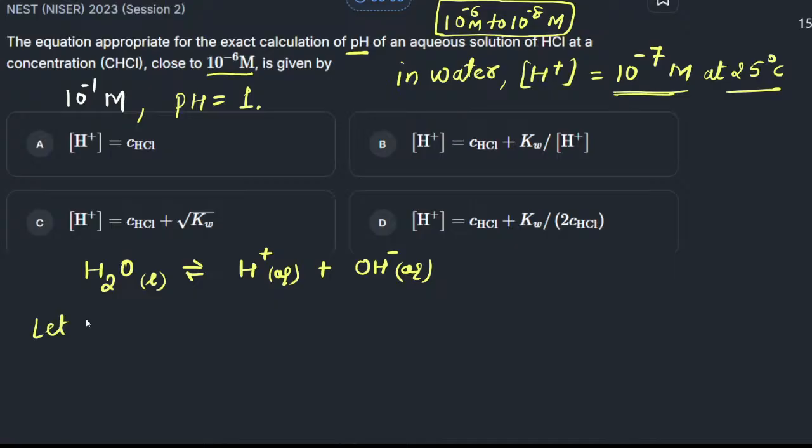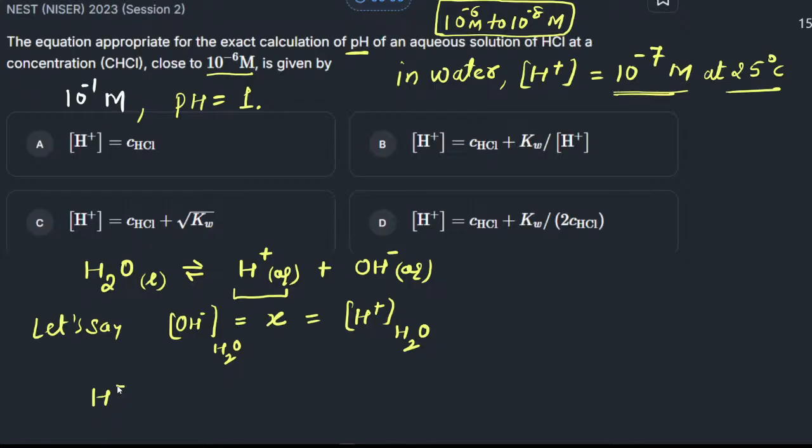Let us say the OH negative ion concentration from water is equal to X. So obviously the H plus ion contribution from water is also X. Now the overall H plus ion concentration is the concentration of H plus from the HCl, because HCl is a strong electrolyte, so whole HCl gives H plus ion, plus the contribution of H plus from water.